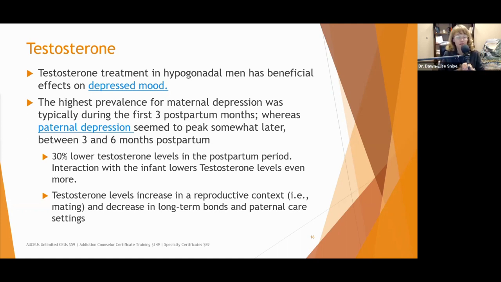But when they've been successful and they have this new little being, testosterone levels go down because the body says, you know what, we don't need to procreate right now, we need to protect. So let's protect what we have. That can also explain some of the increase in irritability as testosterone goes down and cortisol goes up, because they're in that protective mode, in a mild fight or flight status most of the time.